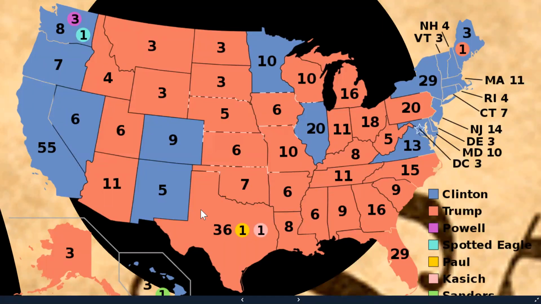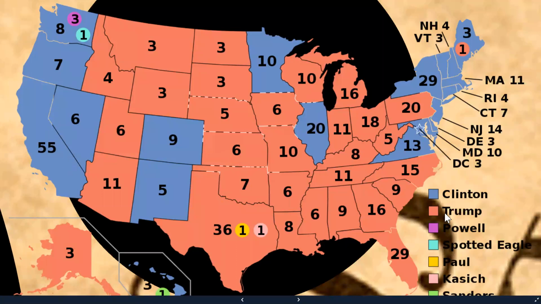Now, Hillary Clinton, she won the popular vote, and she's the states that are shaded blue. Now, each state has an X amount of electors. So you see California has 55 elector votes. So whatever candidate wins the popular vote in that state, they win the electoral college votes. So the popular vote does count, to a certain degree. It is very important, but the most important is the electoral college.